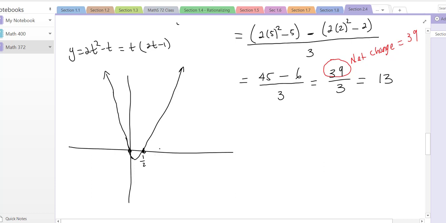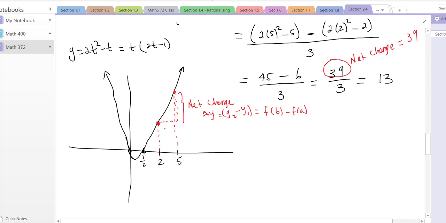So when I'm going from 2 to 5, again, this is not to scale. So what we're finding is the average rate of change of the function in this little area. So you're doing the change in y over the change in x, right? So this change in y is the net change. The change in y, which is y2 minus y1, which in terms of this, will be f of b minus f of a.